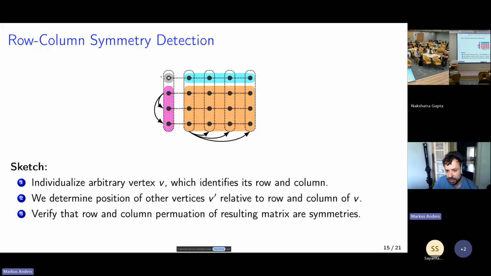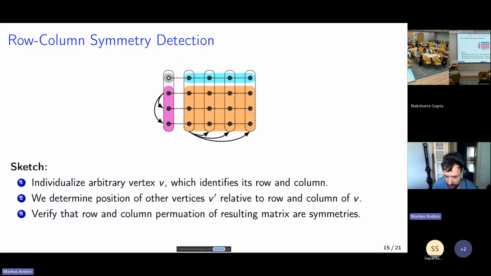But if you stabilize one of the points, again the one on the top left, then this will identify its row and column. And then there will be some remainder that still operates like a row column symmetry. The idea that we use is that we use this row and column of the first vertex as a coordinate system for the rest of the vertices or variables.